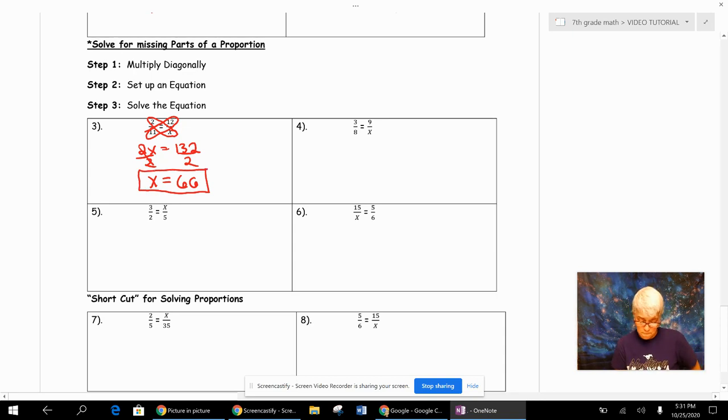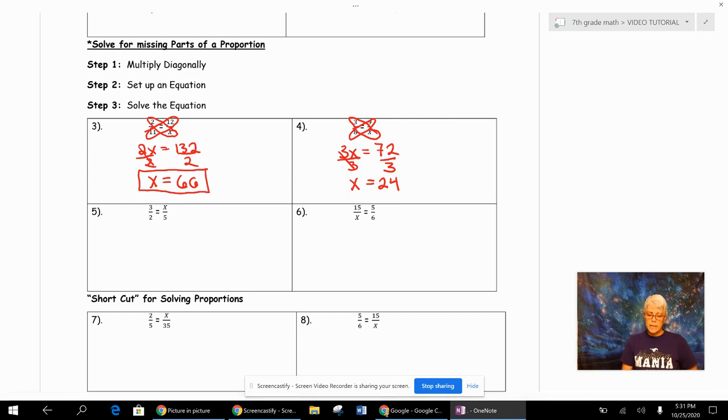Let's do the next one. 9 times 8, 3 times x. I'm going to try to be intentional about keeping that variable on the left-hand side. Now I'm going to divide both sides by 3. X equals 24. And I already had that worked out on a scratch piece of paper, so I'm not that smart figuring it out.